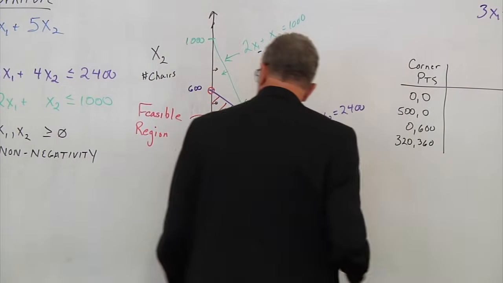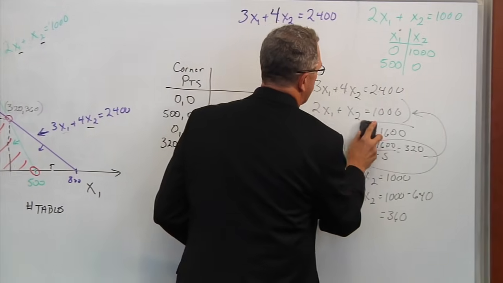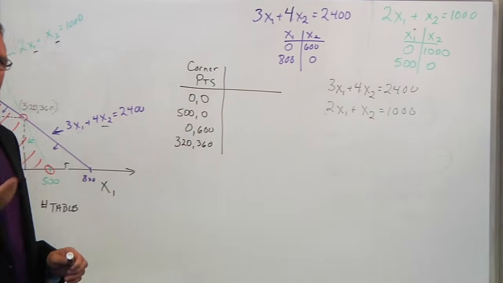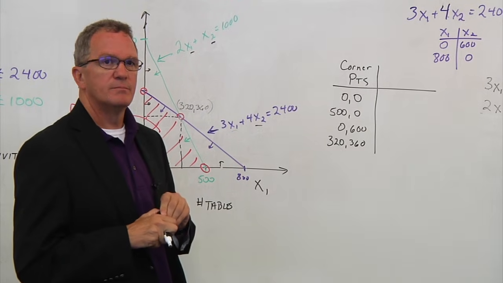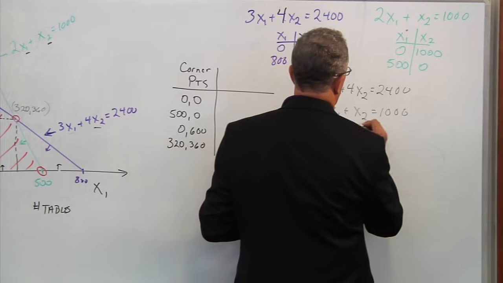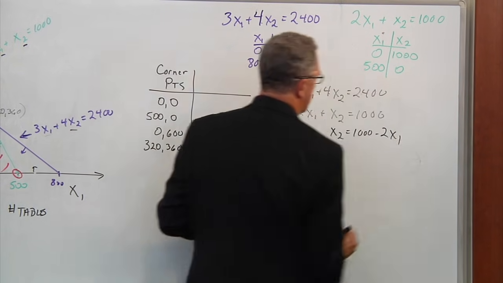Now there are different ways to do this, all right? You've seen me go through it. I'm going to erase that lower one. Another way to do it, which people might find simpler, is solve for one of them and then go back and plug it in. So in this case, I could say, okay, x2 equals 1000 minus 2x1.